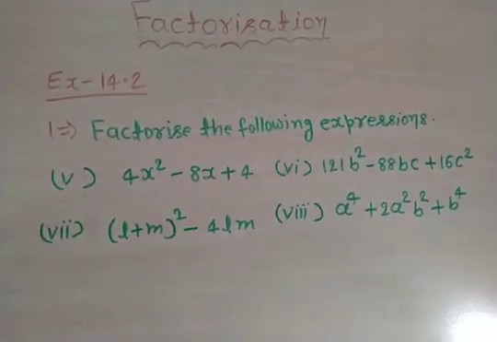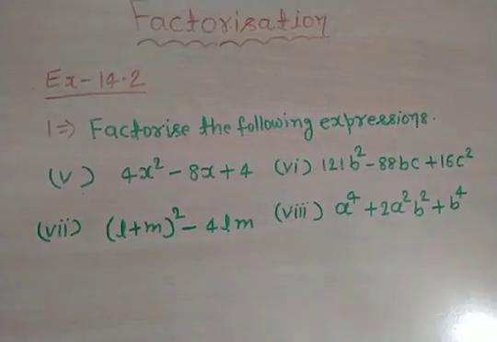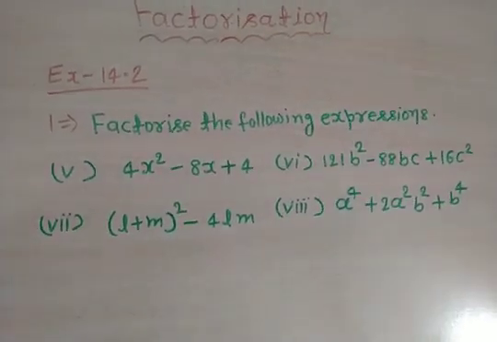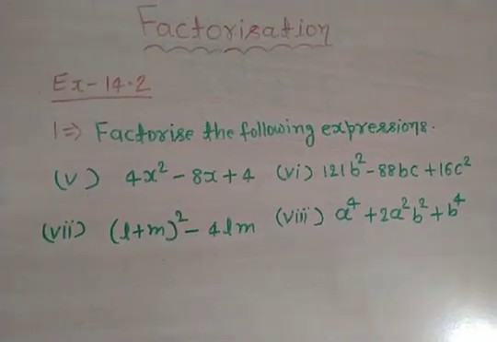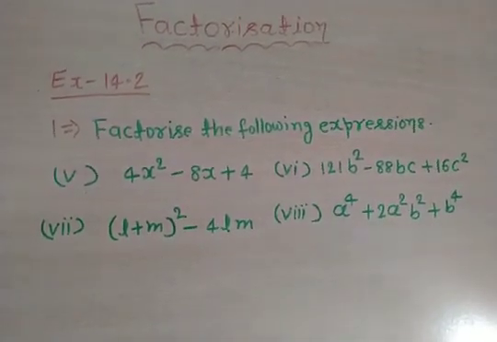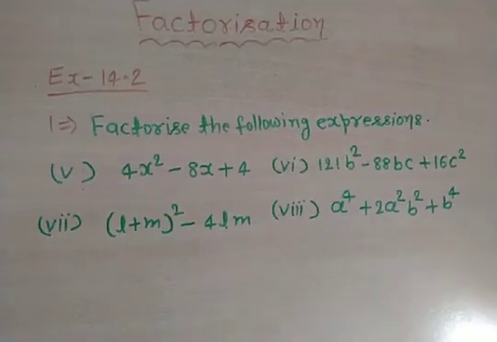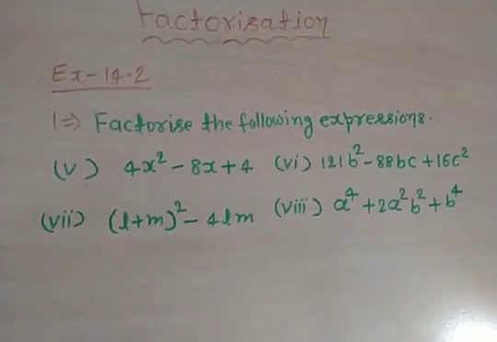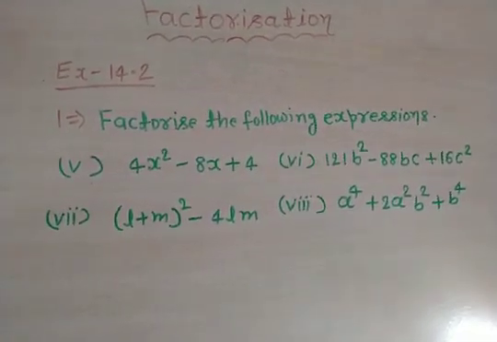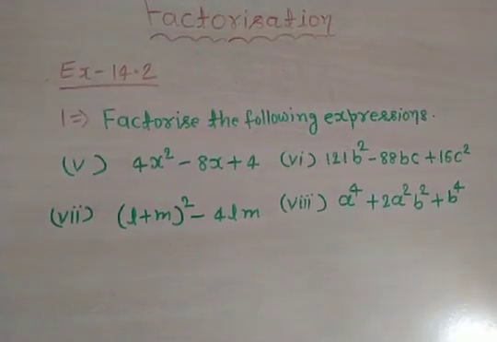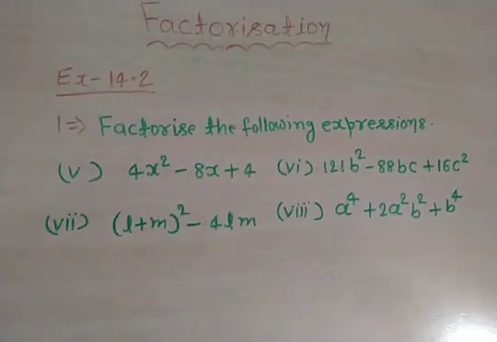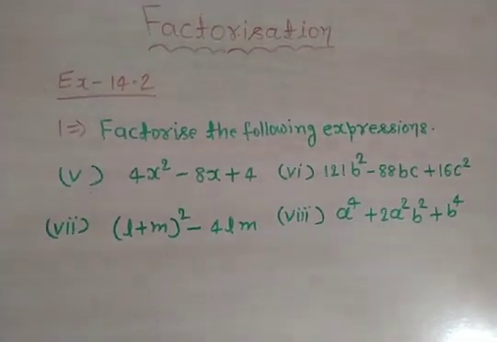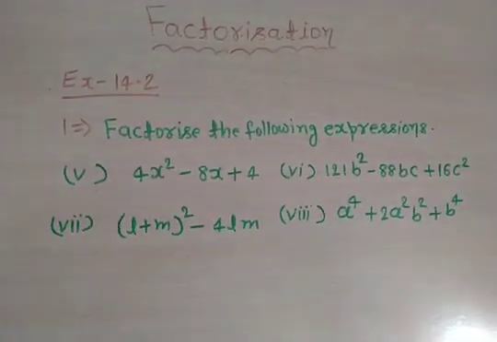You can see here the fifth part is 4x square minus 8x plus 4. So use the identity, whole square of a minus b. First we convert it into the form of the identity, and after this we factorize it.